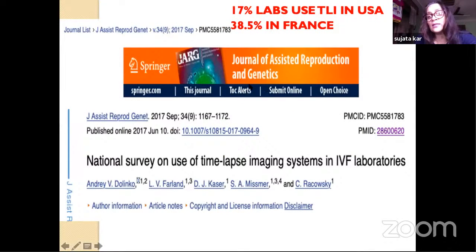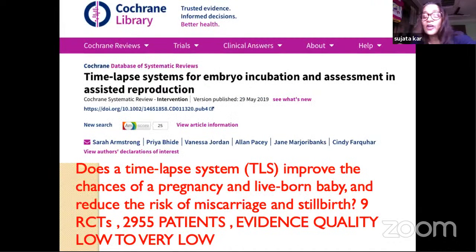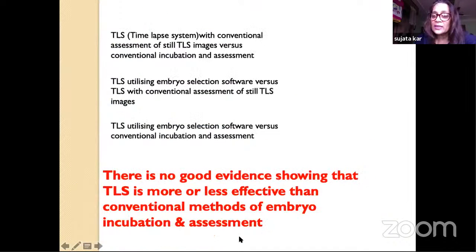Before I start, this is a paper that tells us that as of now, hardly 17% of labs use this technology in the United States, and I'm sure in India, the figure would be somewhere around 1% or 2%. The last Cochrane review in 2019, which covered about 3,000 patients and covered these 4 issues that I mentioned, told us that there is very low quality evidence.